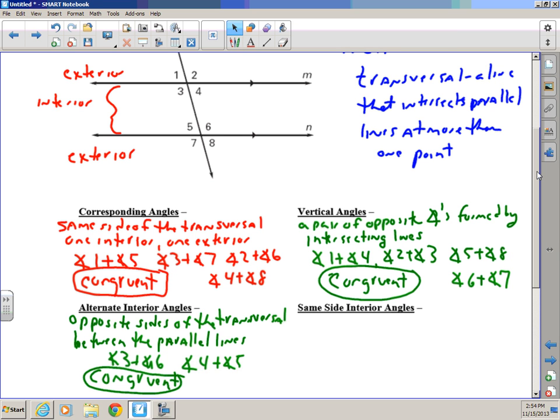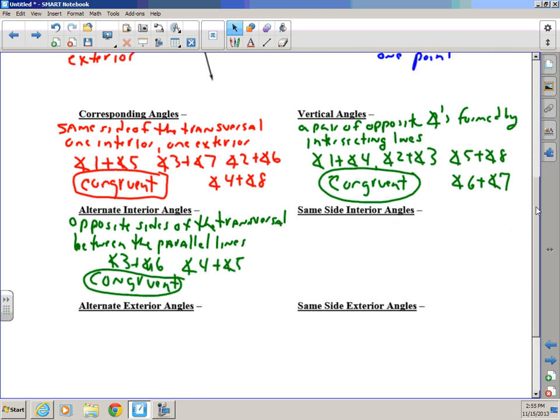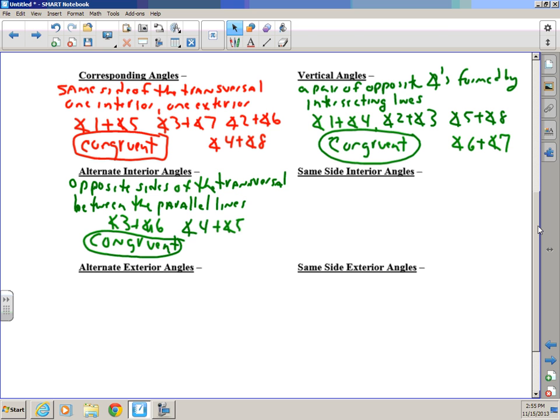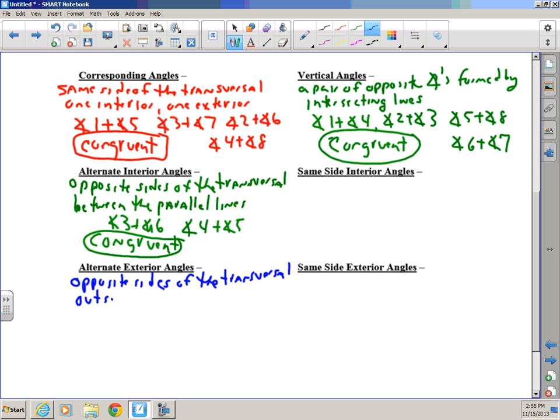Okay. Now, similarly, let's go to alternate exterior. Again, they are on opposite sides of the transversal because of the word alternate, and they are outside the parallel lines.